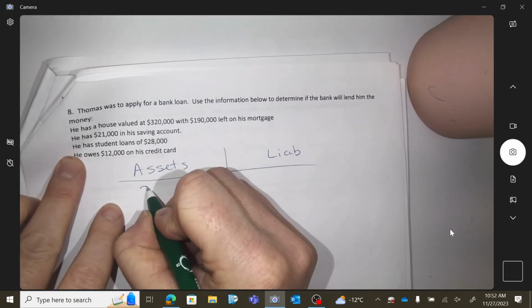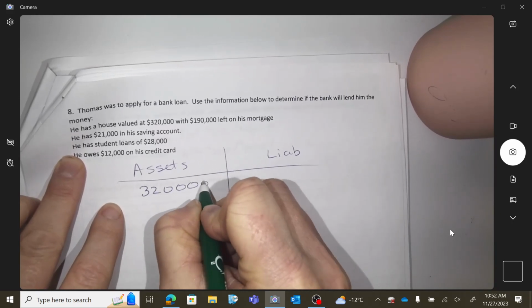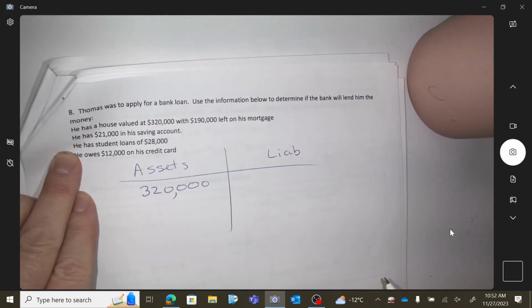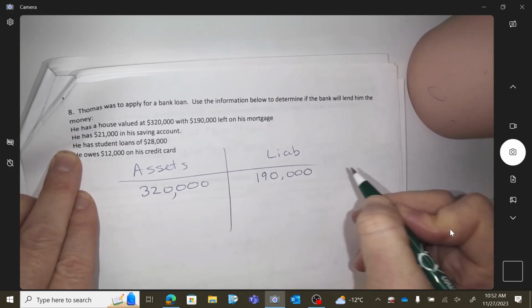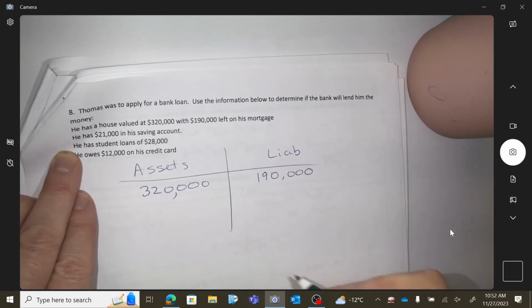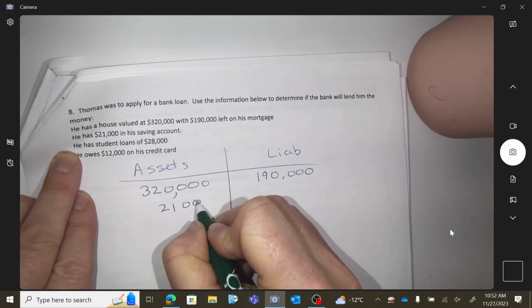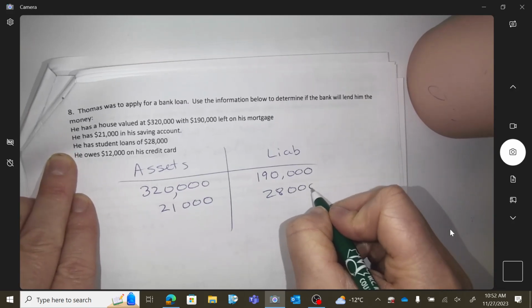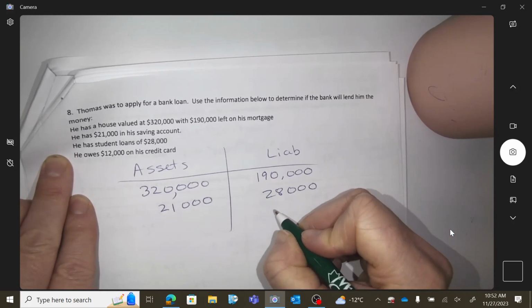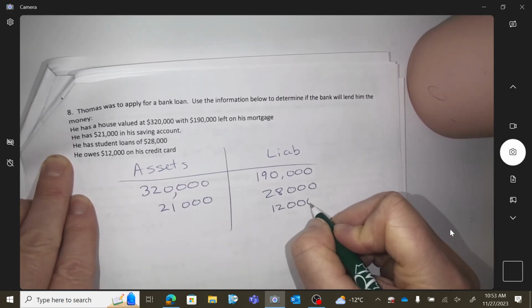Okay, so what's an asset? The value of my house is an asset. Liability is a mortgage with the bank. Savings account, good. Student loans, bad. Credit card debt, bad.